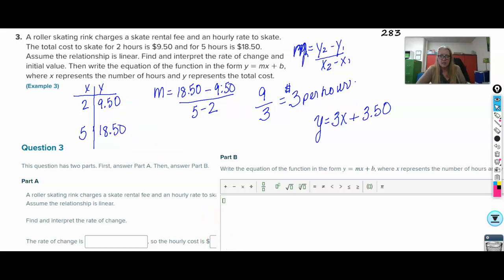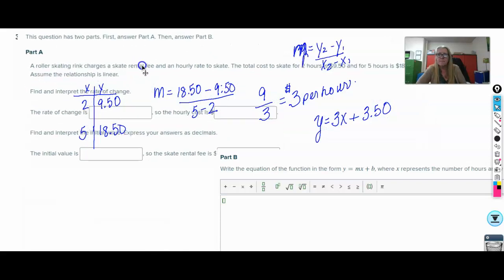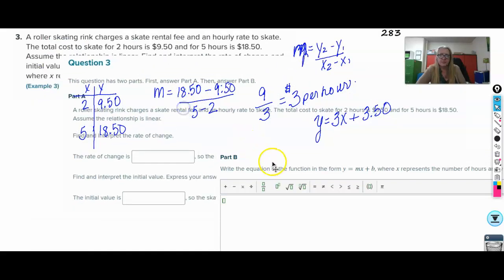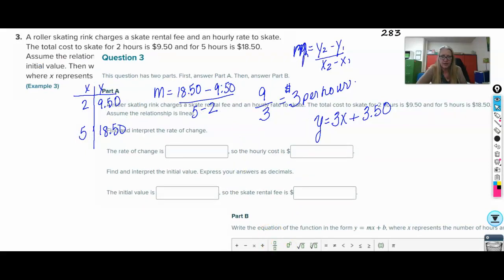Okay? So what do we put in these blanks here? Let me put the blanks where you can actually see them. So the rate of change, that's how much you're paying per hour. The rate of change is $3 per hour. So the hourly cost is $3. These are going to be exactly the same. The initial value is $3.50.